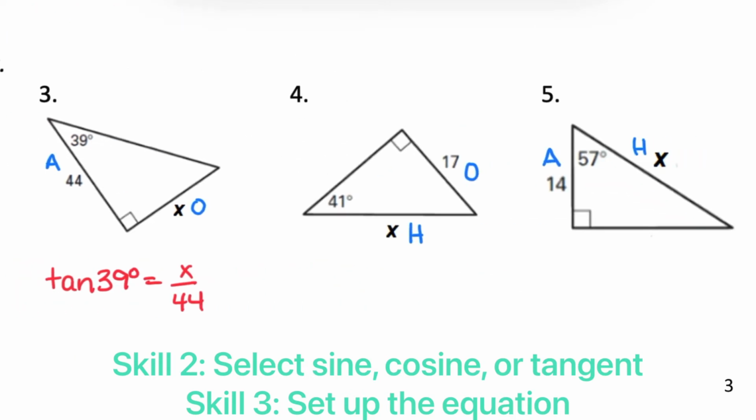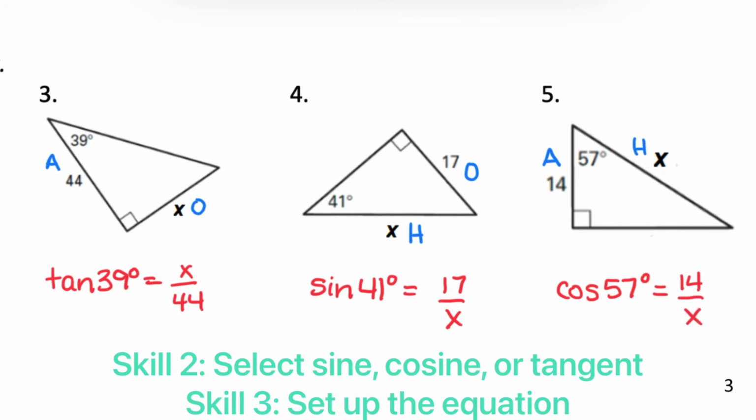Number 4 is another sine, so we say sine of 41 degrees is equal to opposite over hypotenuse. And the last one, another cosine. Cosine of 57 degrees, A over H, 14 over X.